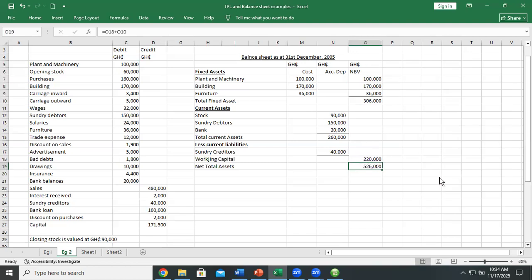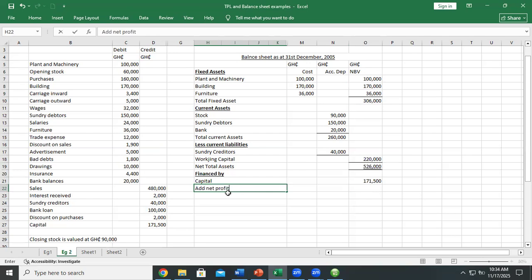We then carry on with the financed by. Obviously capital, right? Capital begins the show. So how much capital do we have, professors? I think we can all see it here, 171,500.